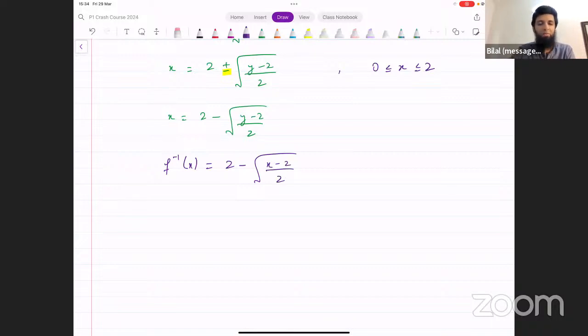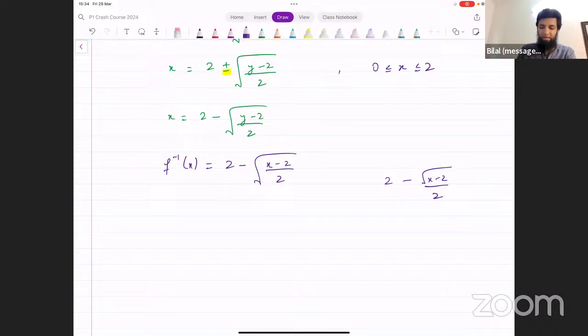Now, there's a very common error that people make while writing this result at the end. If you write it like this, 2 minus square root of x minus 2 over 2, that is not acceptable. While you're doing the exam in a flow, a lot of times you don't make it clear that the square root is on both the numerator and the denominator.